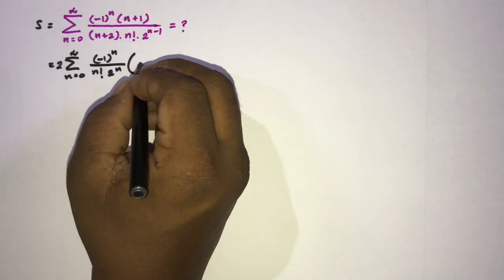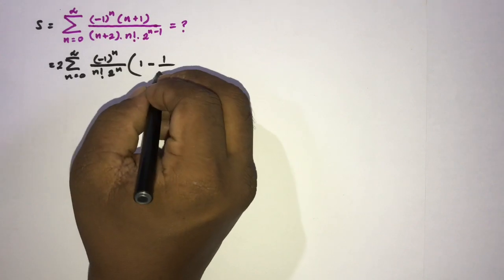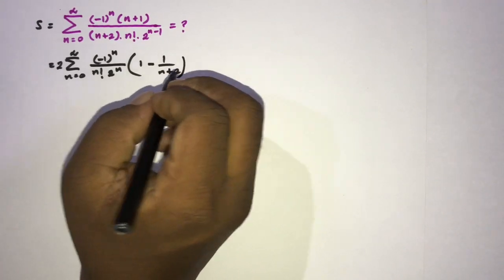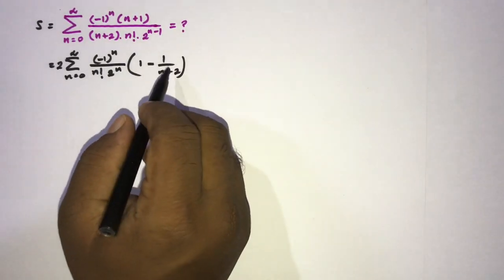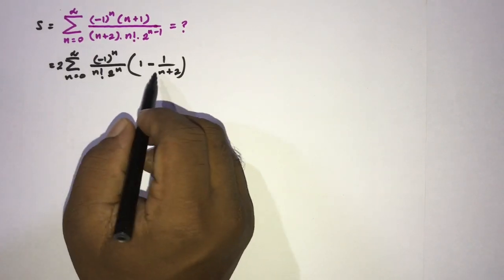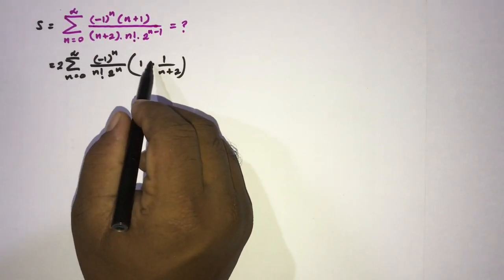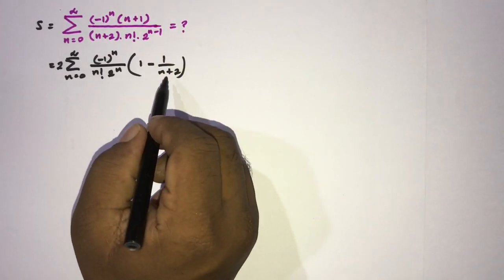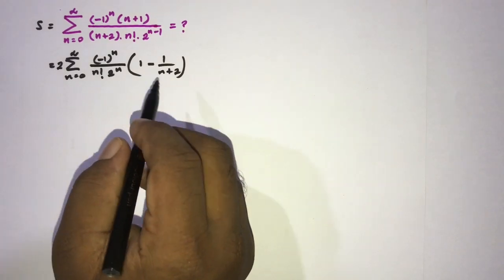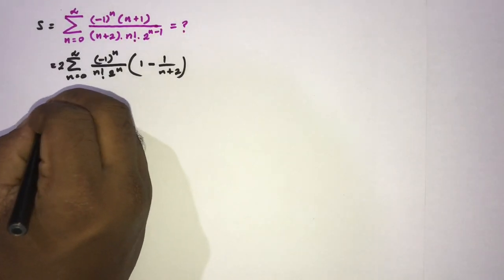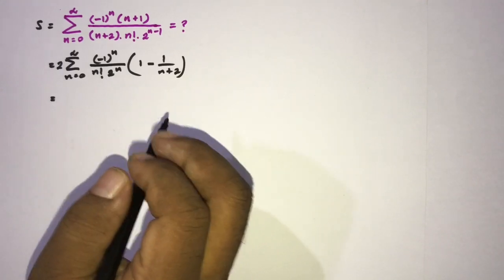So we can simplify this as 1 minus 1 over n plus 2. Now if you take n plus 2 as a common denominator, n plus 2 minus 1 gives n plus 1 over n plus 2. So this is okay. Then we can split this sum into two different sums.